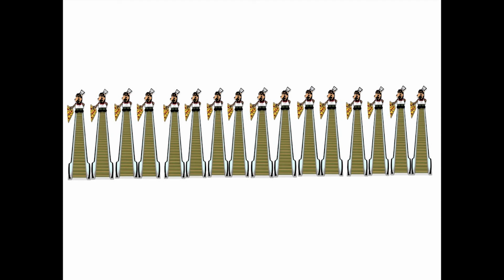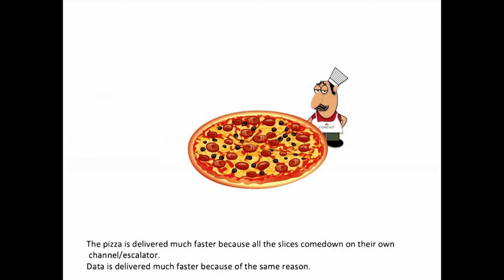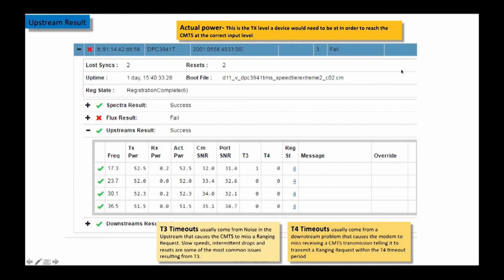Now, instead of waiting for one slice at a time, boom, I can deliver the pizza much faster because we're using multiple QAM channels to deliver information rather than just using one and waiting and sending another block of information and another block of information. And that happens on the downstream from Comcast to the device. And it also happens on the upstream from the device to Comcast. And that is basically your upstream result.